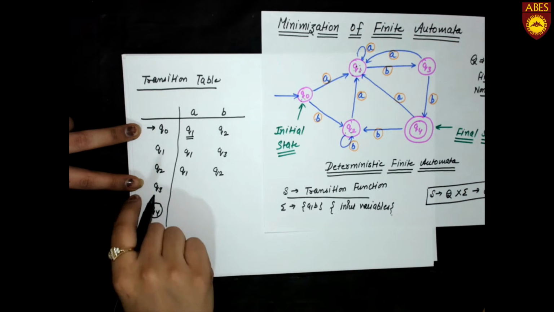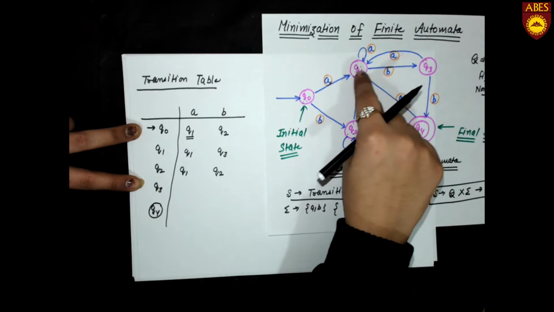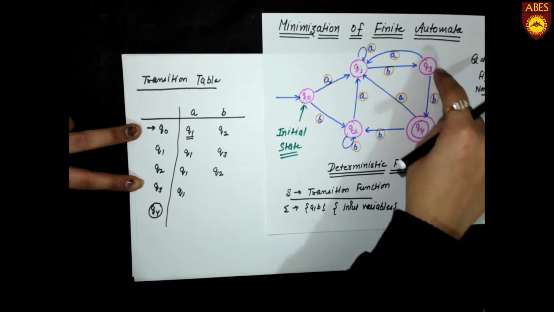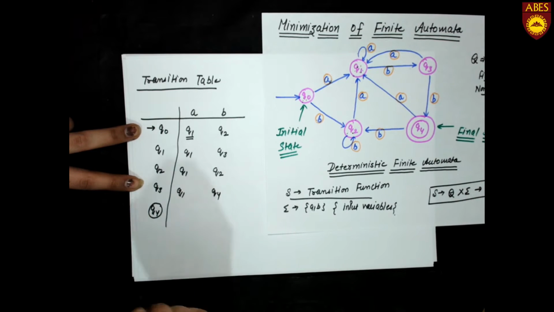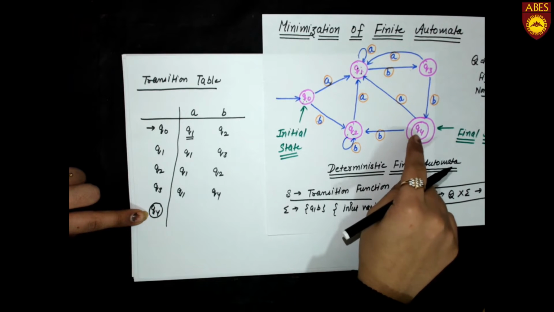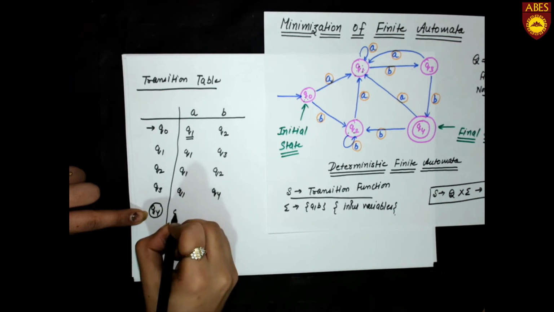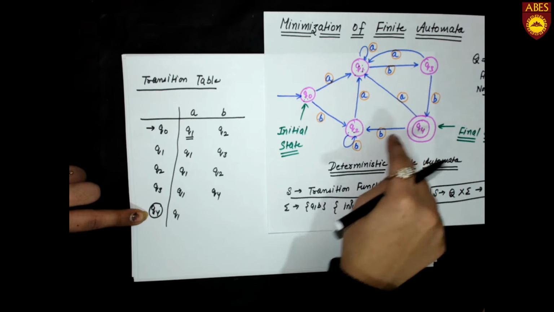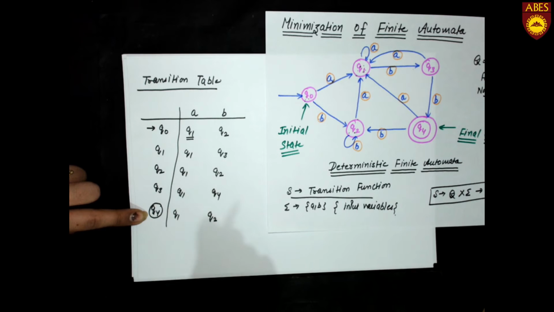In case of Q3, when we apply input A, our output state is Q1. When we apply B to Q3, our output state is Q4. In case of Q4, when we apply input A, our output state is Q1. When we apply B, our output state is Q2. So this is our transition table.